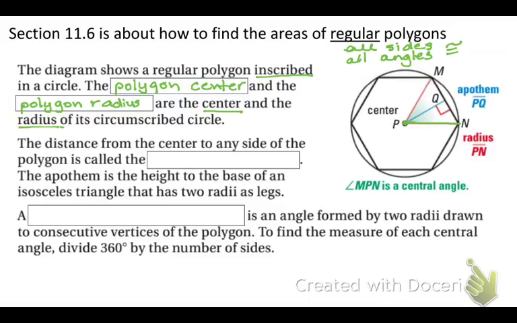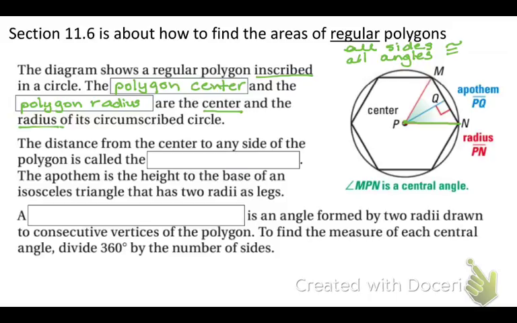Now, contrast that, so you don't get confused. If I draw a line from P, the center, to this line right here, that is not a radius. That only goes to the side of the polygon. It does not go to the edge of the circle, so it is not a radius. And in fact, we have a special name for that particular line.